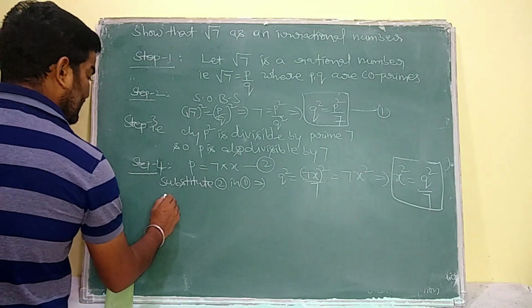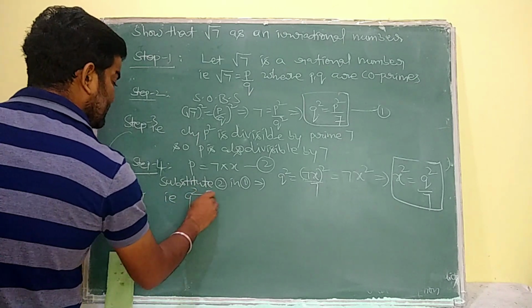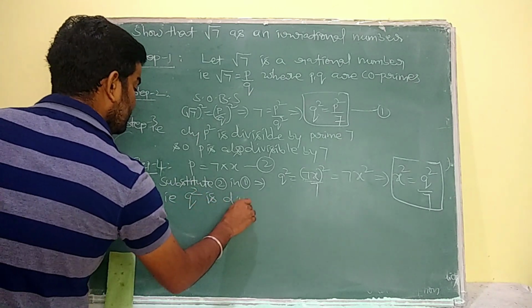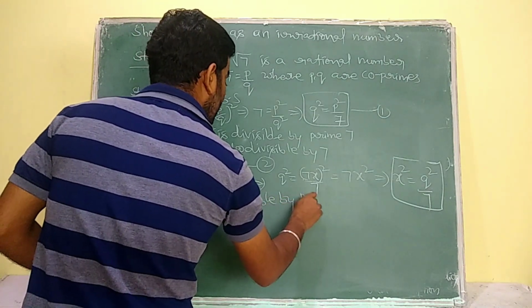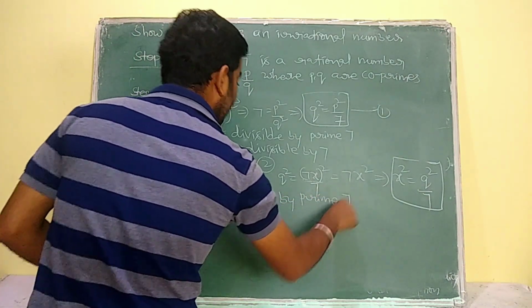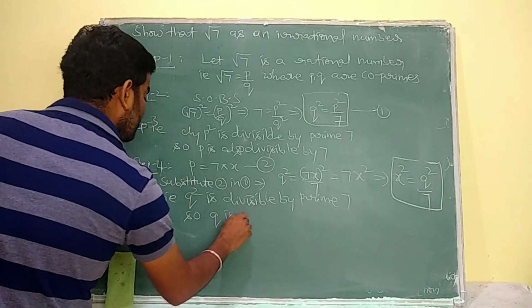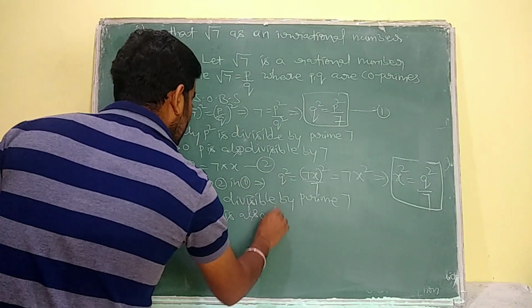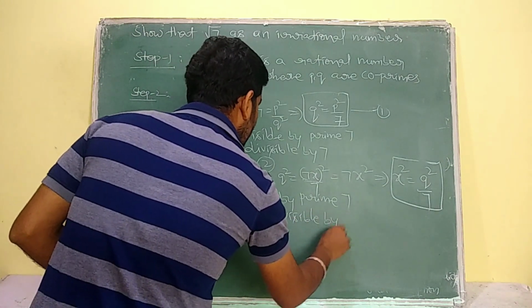So I will write that q square is divisible by prime 7. So q is also divisible by 7.